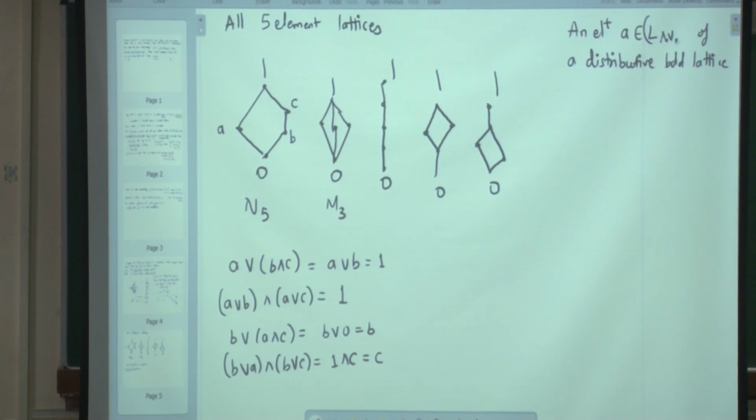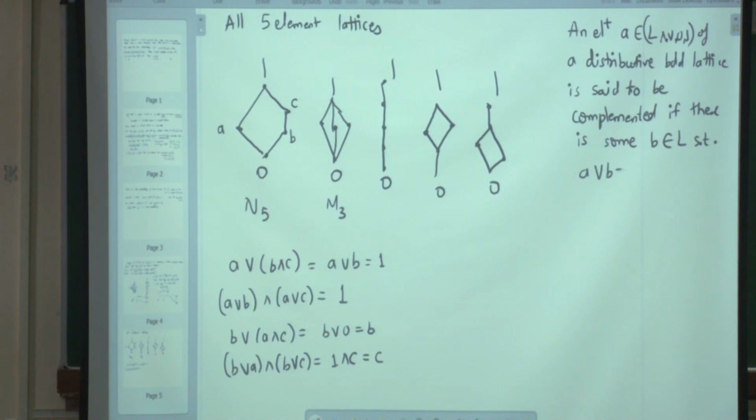L, meet, join, 0, 1, a distributive bounded lattice is said to be complemented if there is some B in L such that A join B is equal to 1 and A meet B is equal to 0.